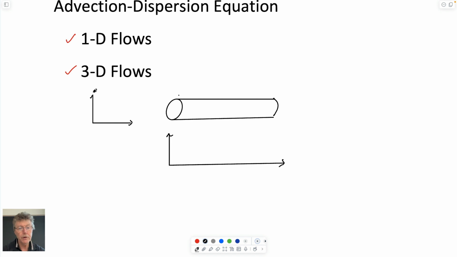We've drawn this figure before. C over C0, this is 1, this is 0, this is time, and we just turn it on.